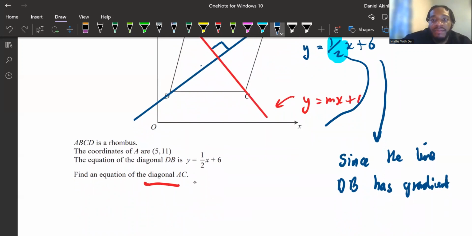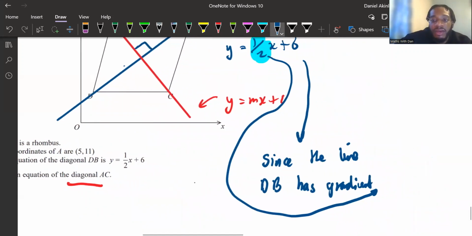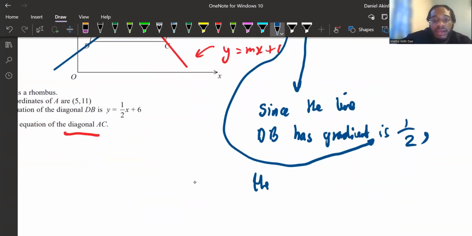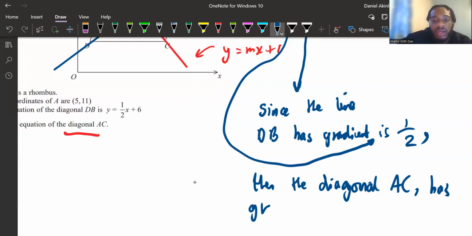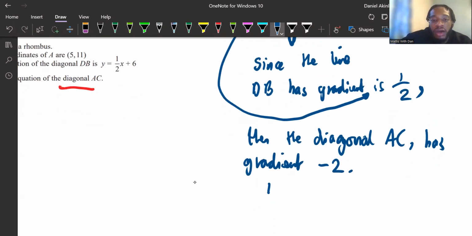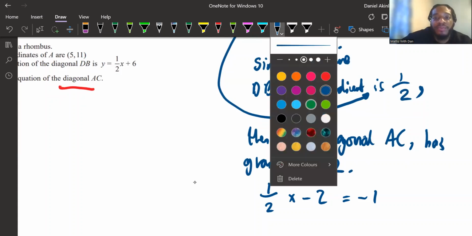Since the gradient of DB is 1/2, then the diagonal AC, which is perpendicular to it, has gradient the negative reciprocal. So this is going to be -2. And the reason why is, remember, 1/2 times -2 is equal to -1. So this works. Let me put a green tick here.